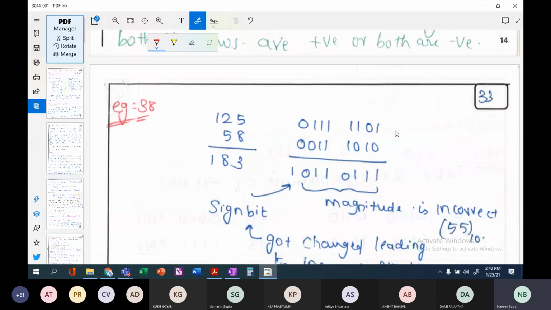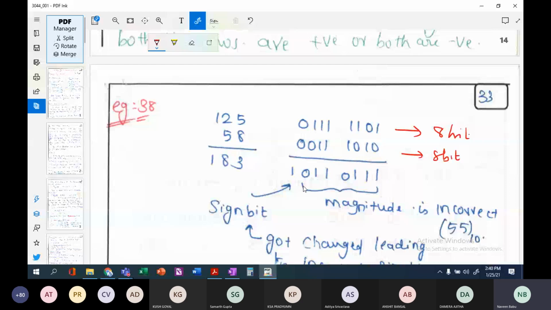This 125 is represented as an 8-bit number, and this 58 is also represented as an 8-bit number. So 125 is given as 0111 1101, and 58 is represented as 0011 1010.